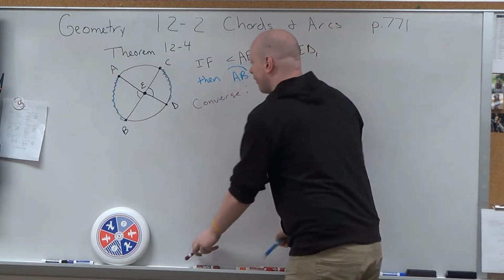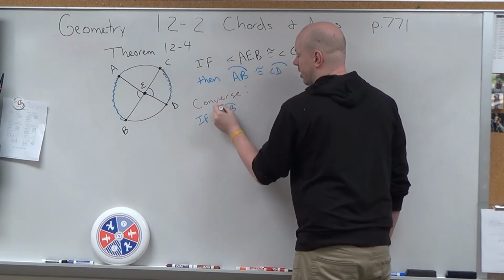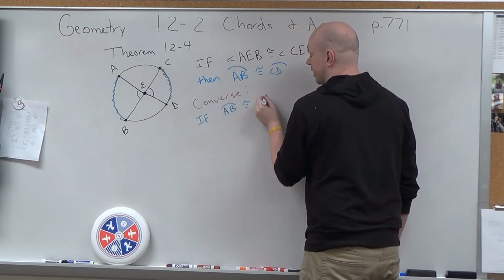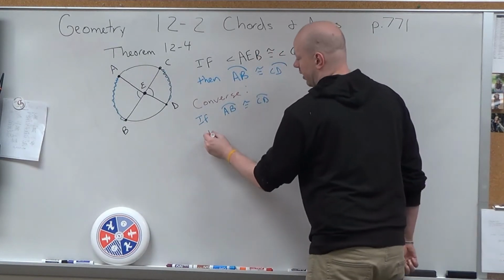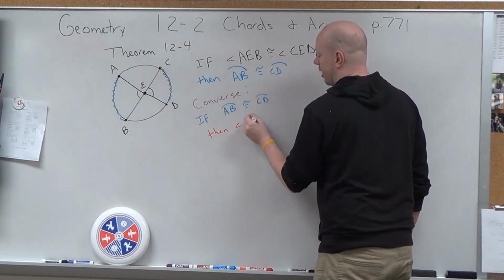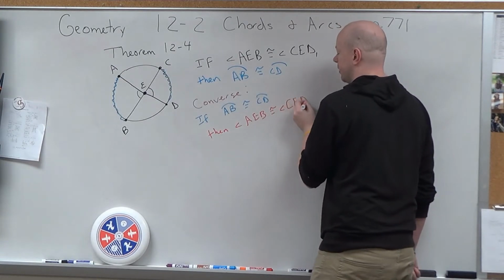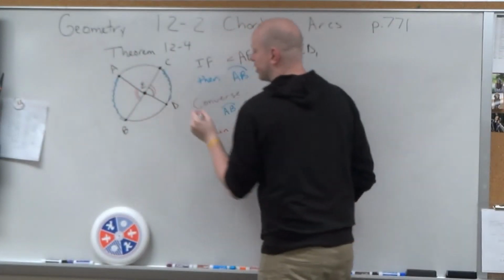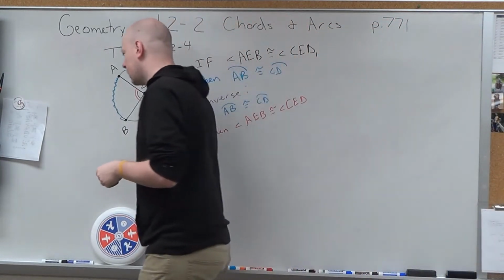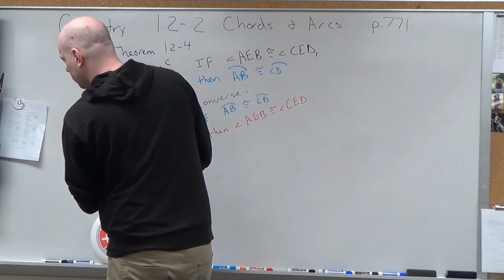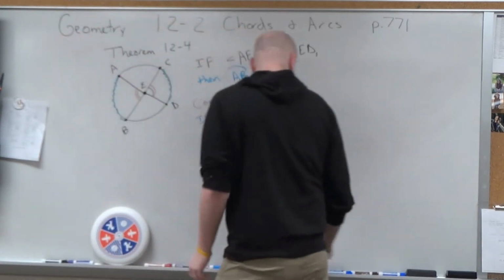So if I already know my arcs are congruent, so if arc AB is congruent to arc CD, then angle AEB is congruent to angle CED. If I had the other direction, I still know that that one would work as well.